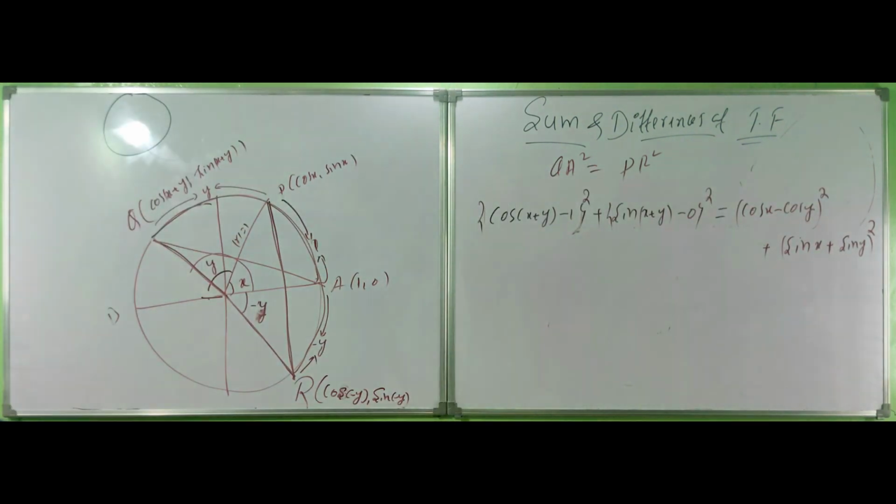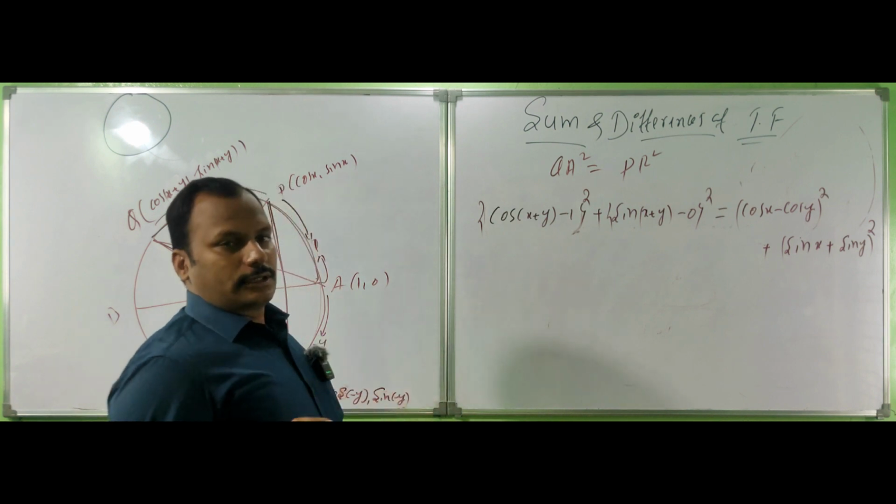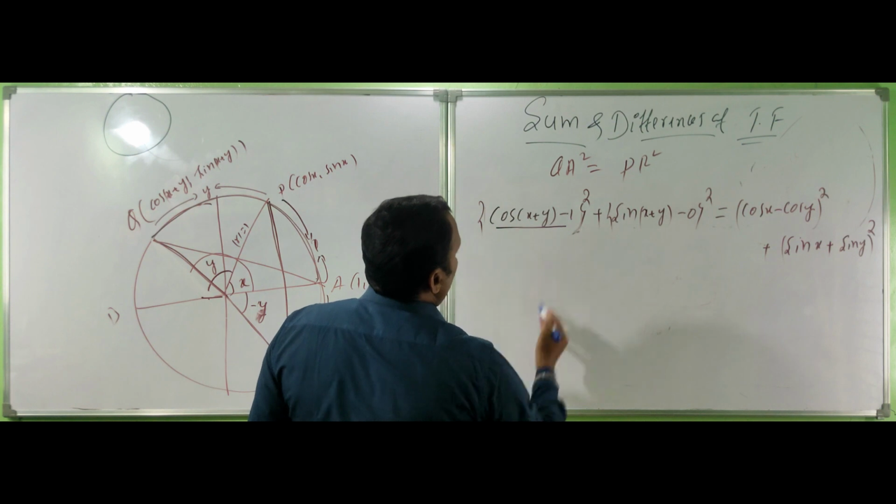If you have this, then the remaining will be easy. Just expand to the desired result. This is the a plus b whole square.